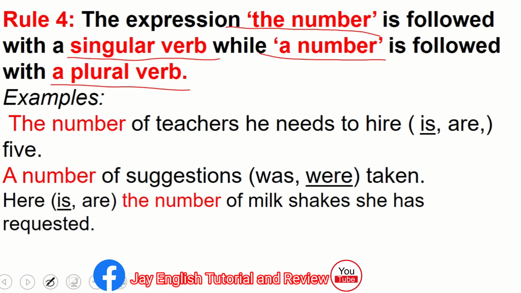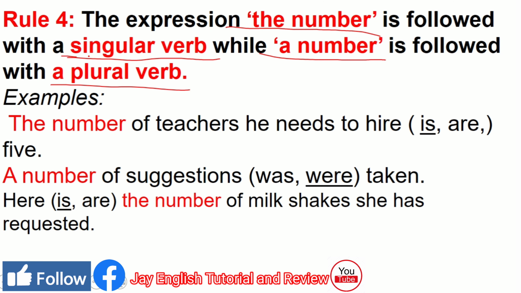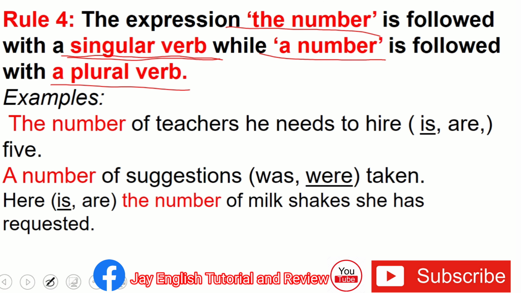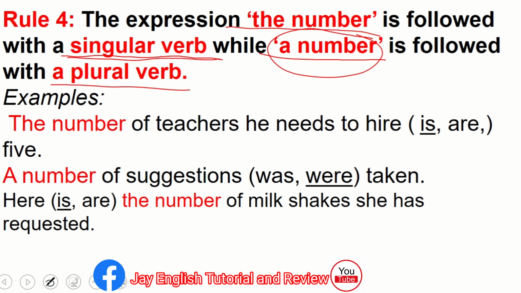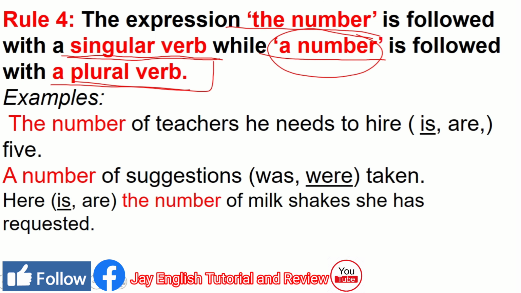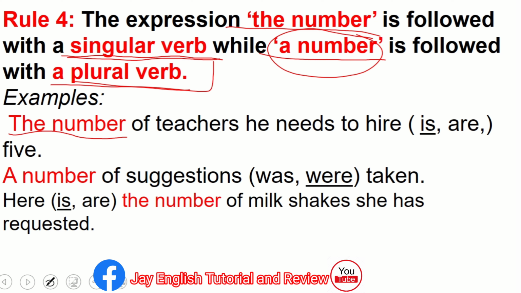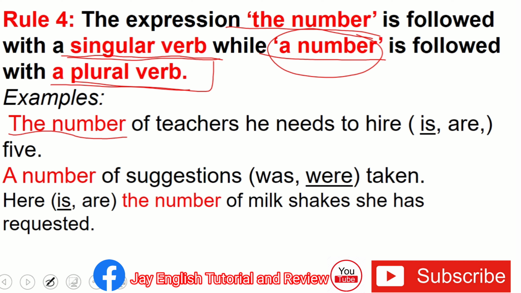I will repeat. The expression "the number" is followed with a singular verb, or paired with a singular verb, while the expression "a number" is paired with a plural verb. For example, the number of teachers he needs to hire is or are 5.